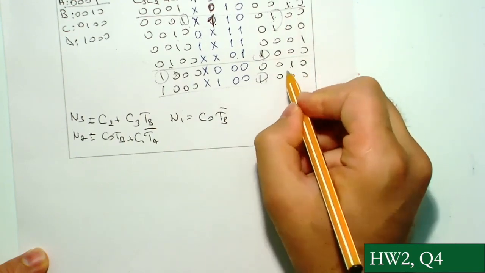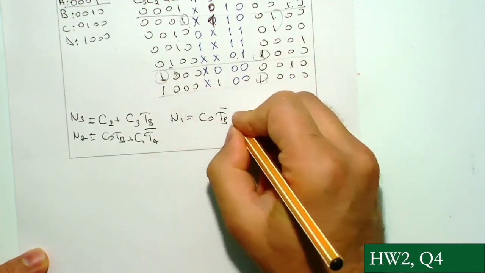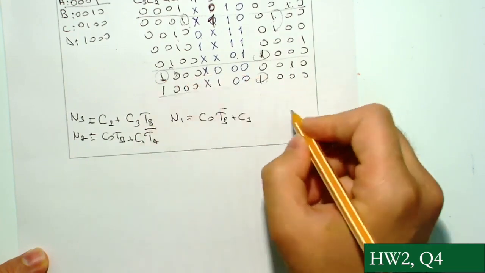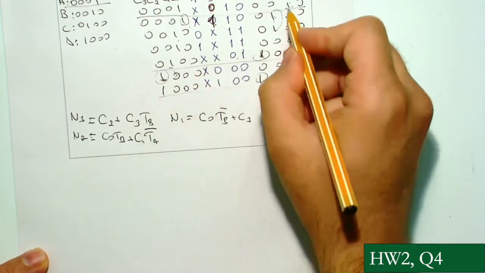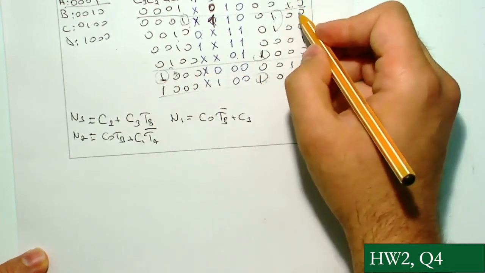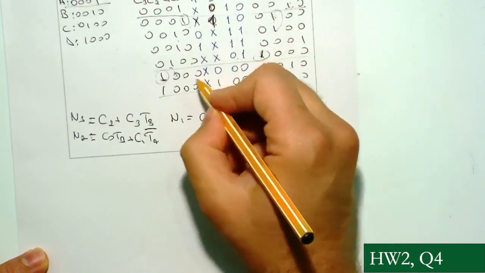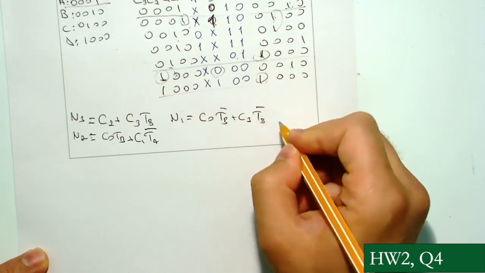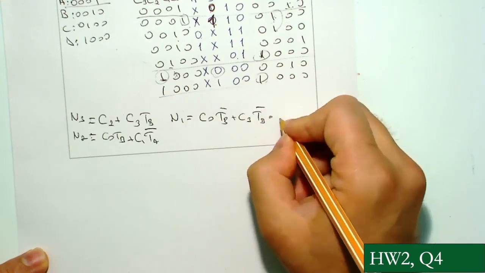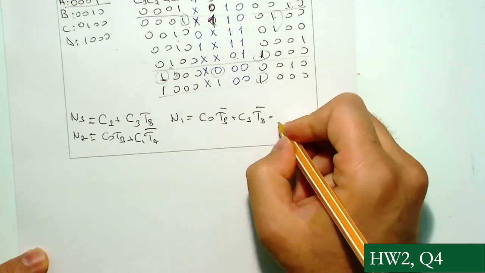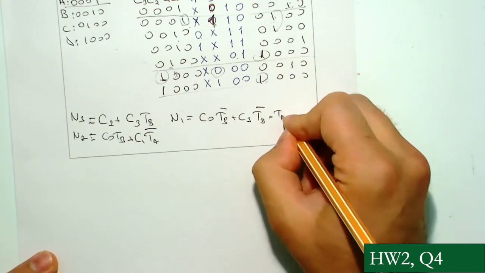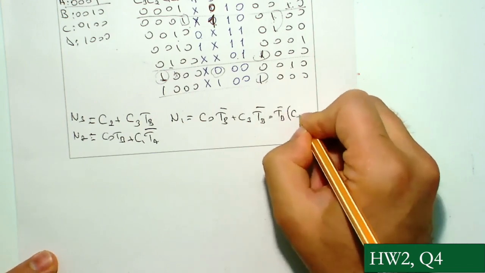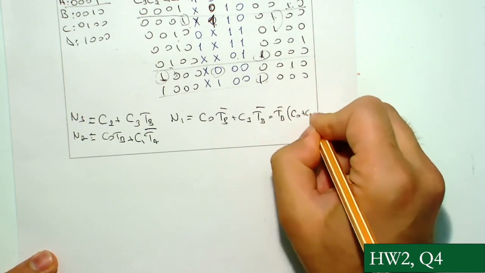And for that one, I have C3 as 1, and also we have TB as 0. Right. So this should be simplified as, if I'm correct, yeah, TB not, C0 or C3, right?